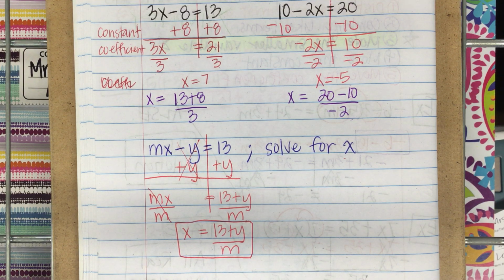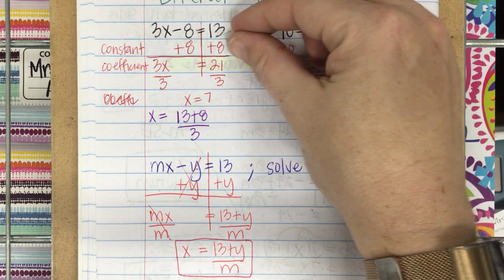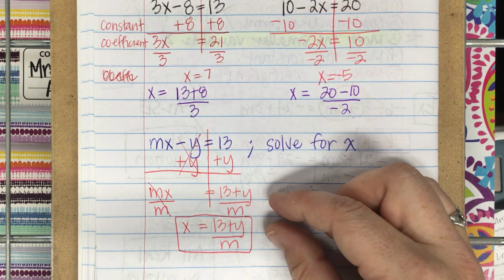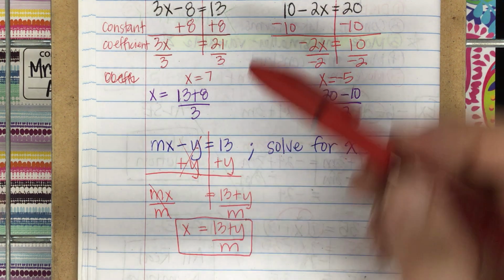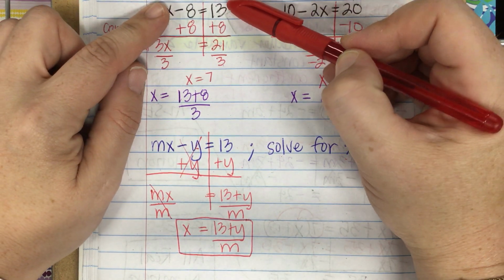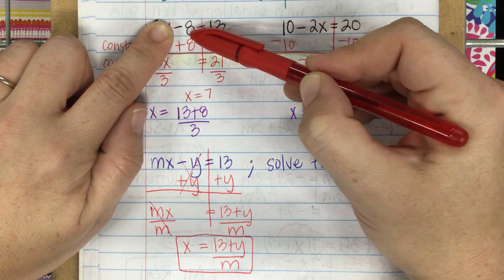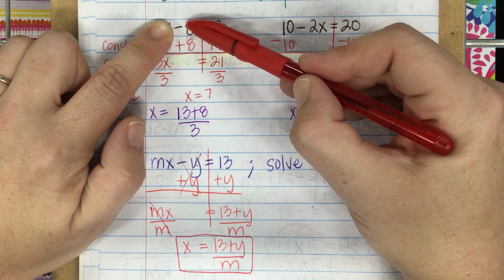Just like up here, I solved for x, except up here I had like terms, numbers that I could combine. Down here, I don't have like terms, so I cannot combine them. Up here, I did 13 plus 8 first, because minus 8 was my constant, and the opposite of minus 8 was plus 8.